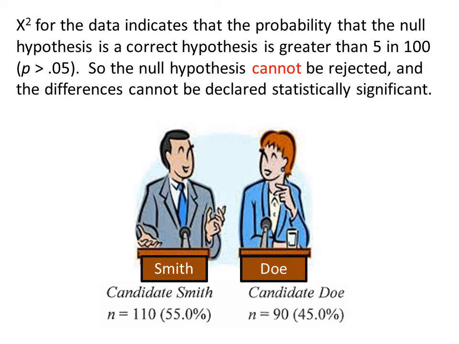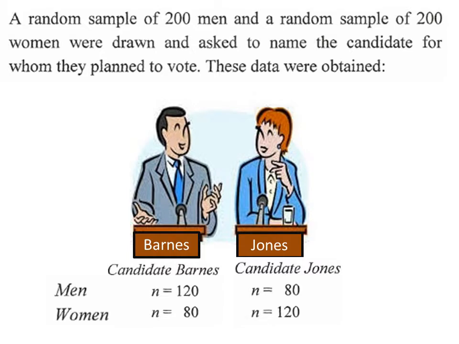Here again, we're looking at candidate Smith and candidate Doe. Example 1 contains data that calls for a one-way chi-square test, which is also called a goodness of fit chi-square test.